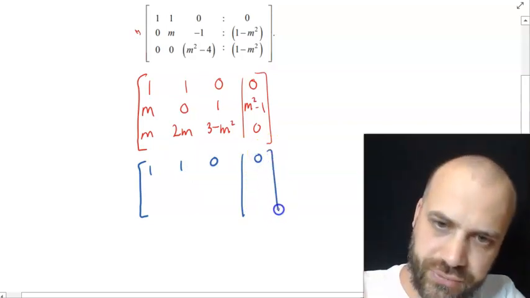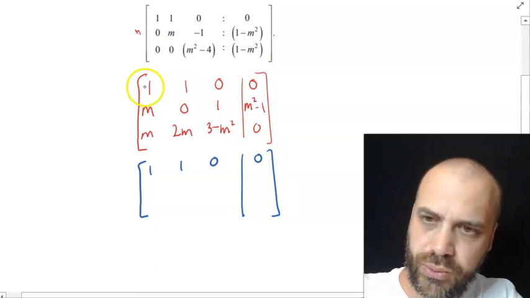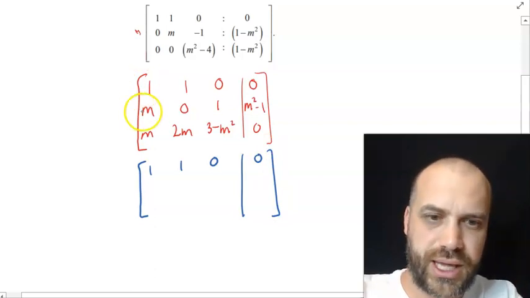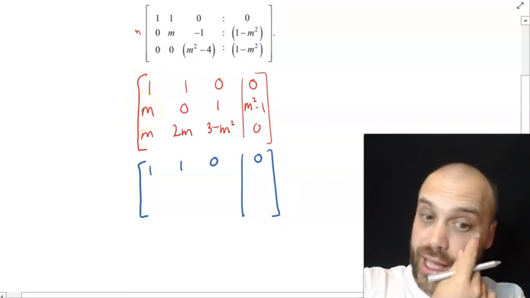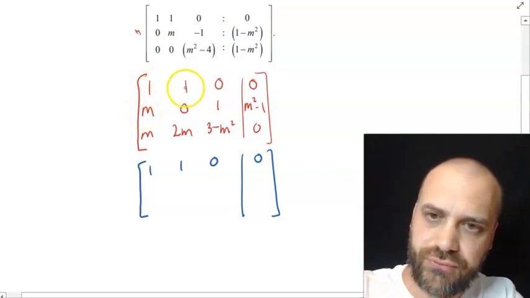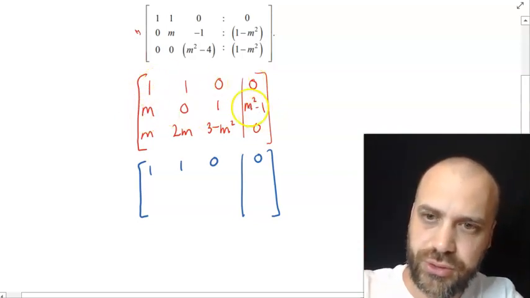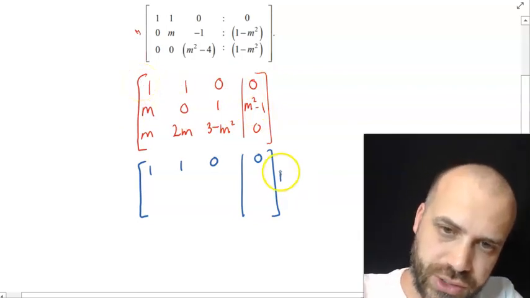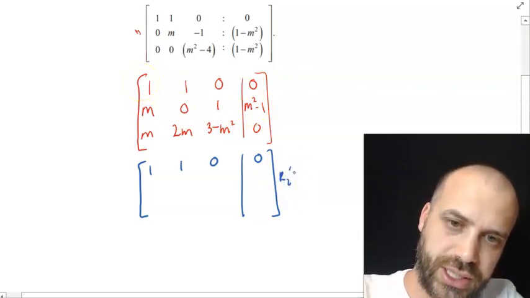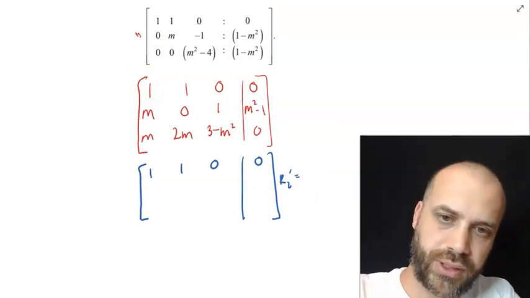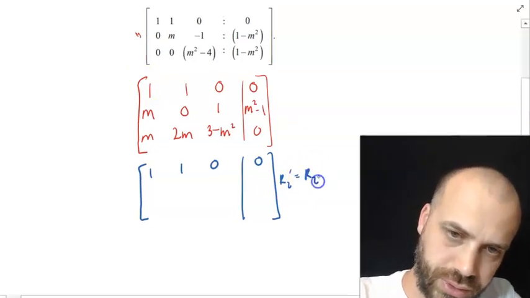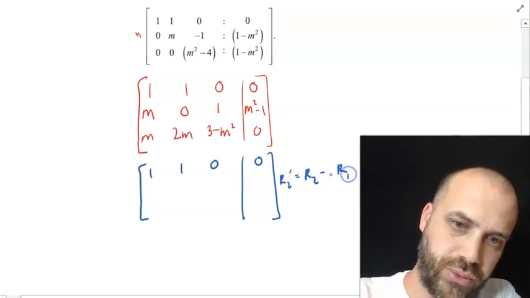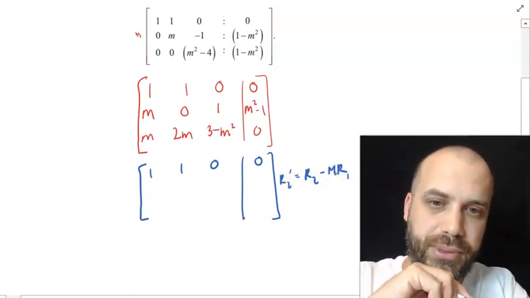So there's our first row. Now, 1 times what is m? And of course the answer is m. So I'm going to subtract the first row from this row, but the first row multiplied by m. Let's write it. So row 2 dash is going to be equal to row 2 minus row 1 times m.